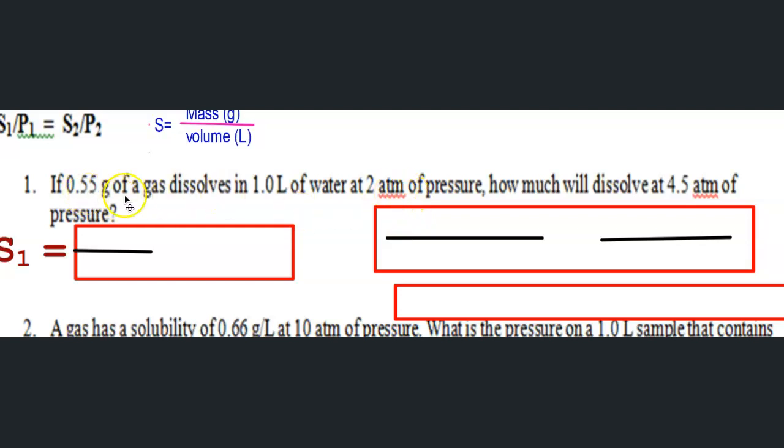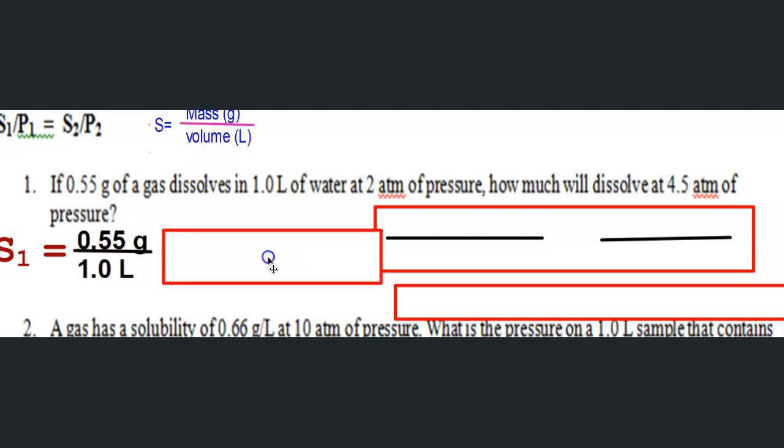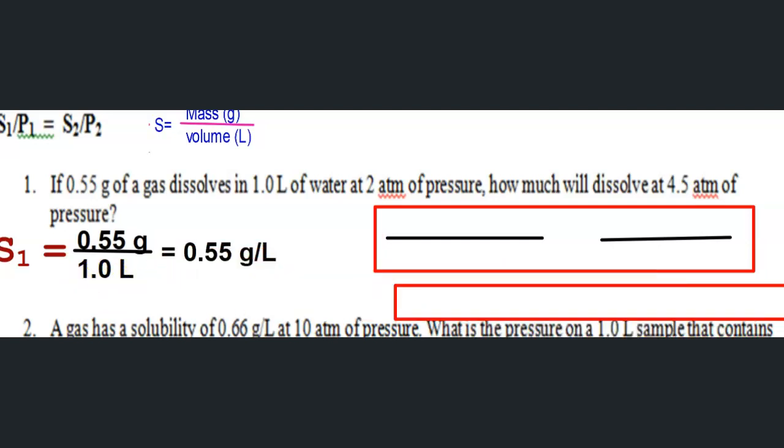So we need to actually figure out the solubility, and you would do that by using our second formula, solubility equals mass divided by volume. You would take 0.55 grams divided by 1.0 liters. And anything divided by 1 is that number. So the solubility is 0.55 grams per liter.